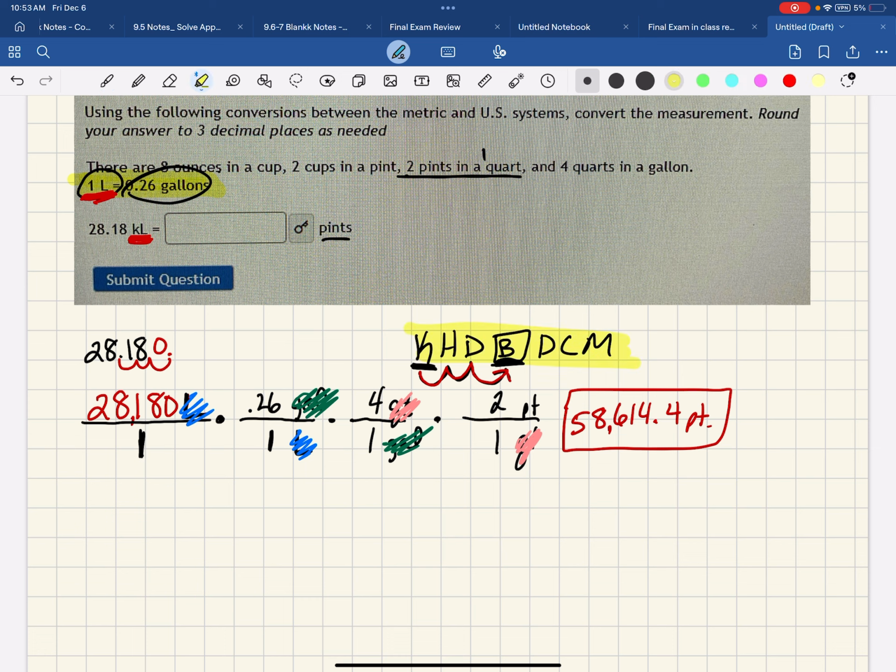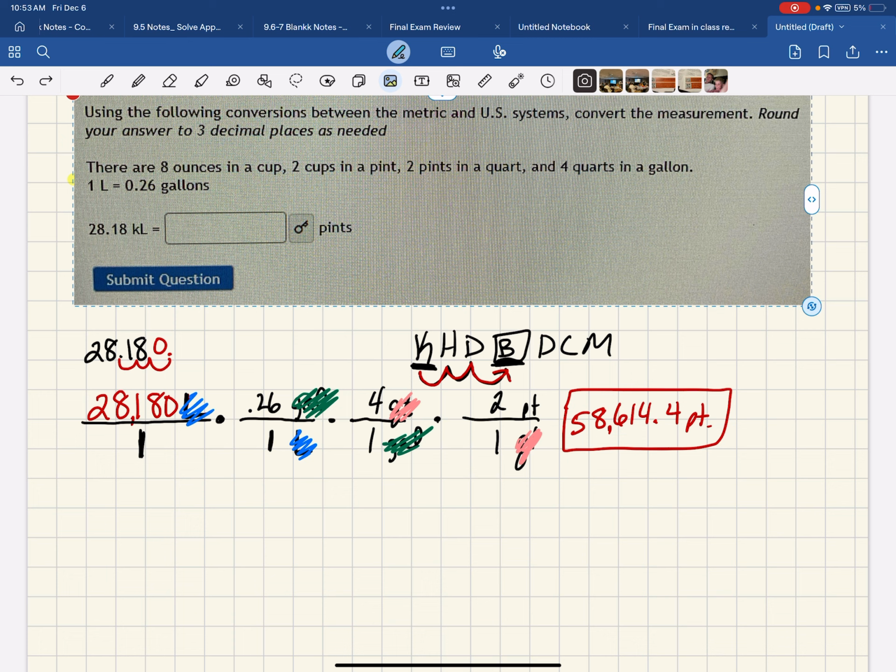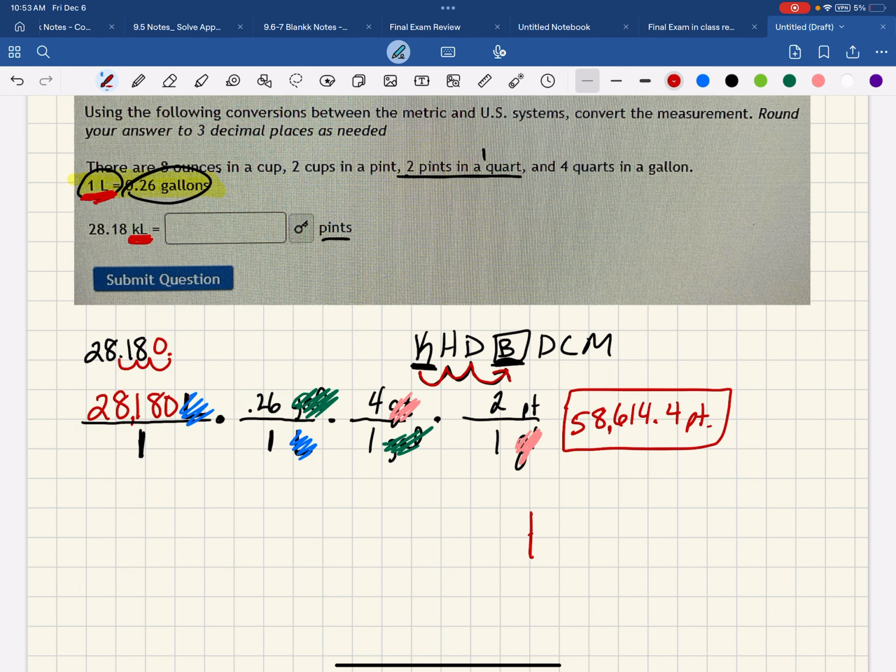You can find another video on that, or you can reference the fact that, let's go back to here, 1 kiloliter equals 1,000 liters. And that's because this prefix kilo means 1,000. Okay, so I hope that helps.